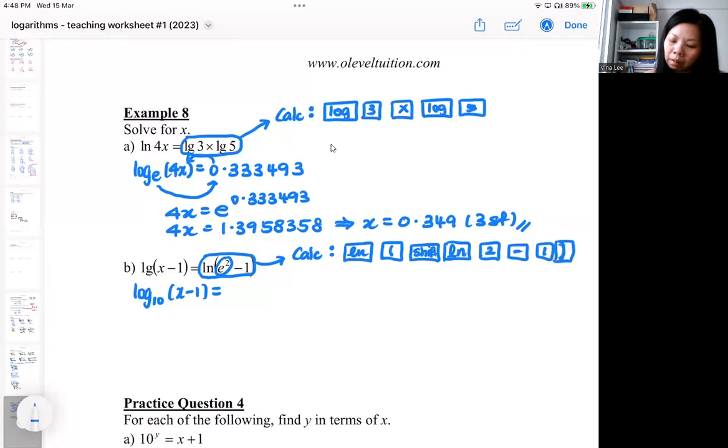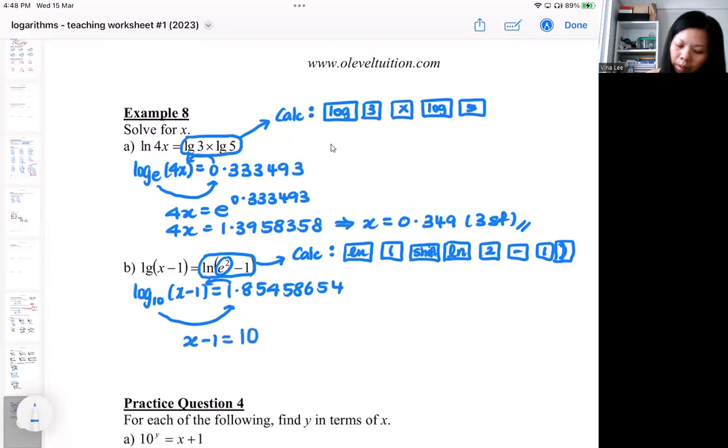Anyway, you try pressing. You've got to practice your pressing. Or in fact, you need to know that they are pressable. They are pressable because there is no x in the whole expression. So you should be getting this number. And then remember, you change. If you change, you get x minus 1 equal to 10 to the power of this.